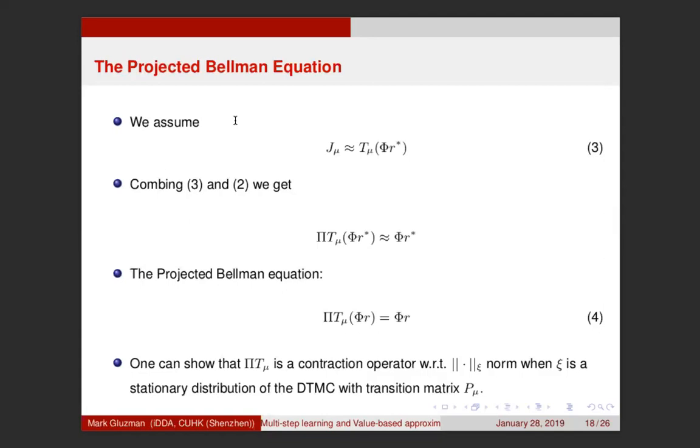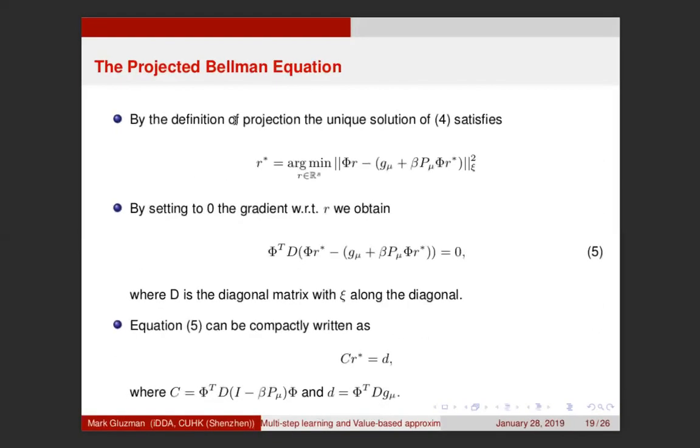Then you project this onto the subspace, and as a result of this projection, you have to get Φ R star. So that's why we have R star inside the node.